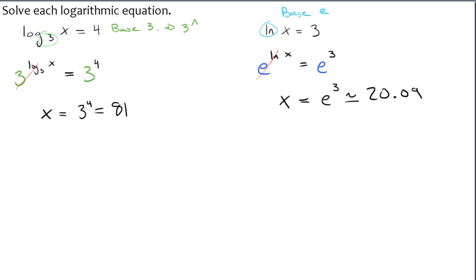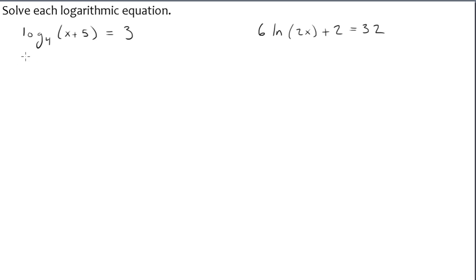Okay, 2 more examples. The log base 4 of x plus 5 equals 3. I'm going to identify my base, 4. So I'm going to raise both sides to the 4th power, or give them a base of 4, and turn them into exponents.